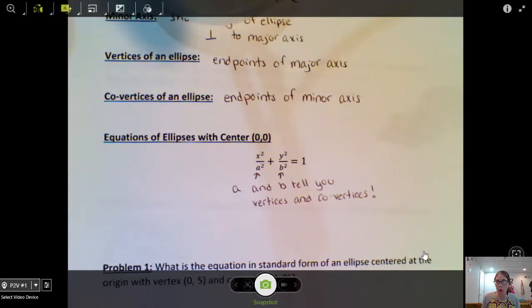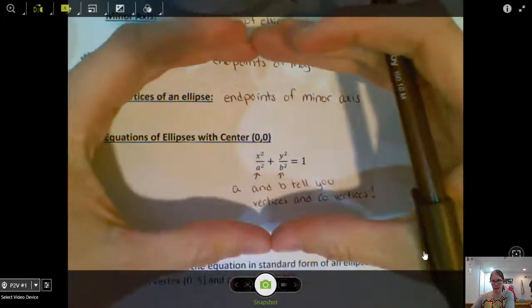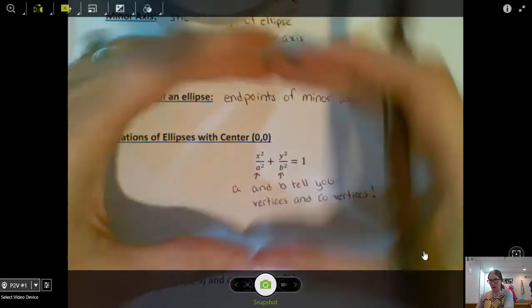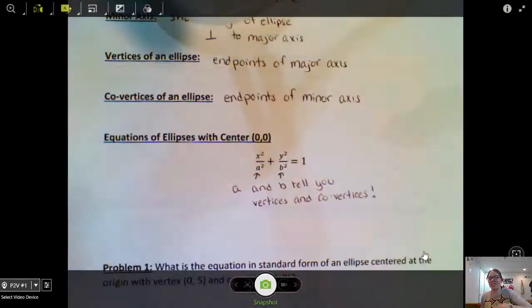They also help us figure out what our ellipse looks like. If our ellipse is more like a football, where it's more horizontal, like that, or if it's like a rugby ball, where usually it's up and down, or an egg, there we go, more like an egg. So a and b tells us that as well.